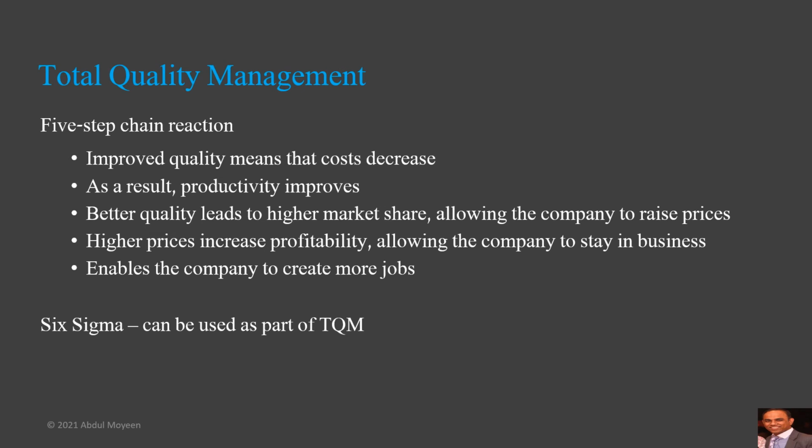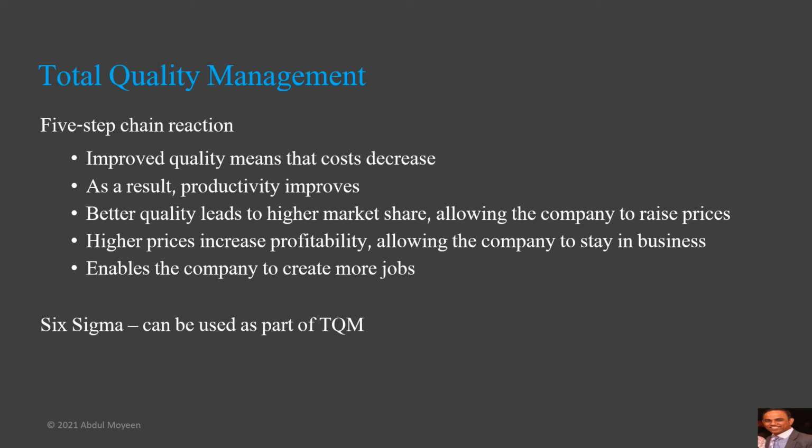So the philosophy underlying total quality management is based on the following 5-step chain reaction. Step number 1, improved quality means that cost decreases because of less rework, fewer mistakes, fewer delays, and better use of time and materials. As a result, productivity improves.